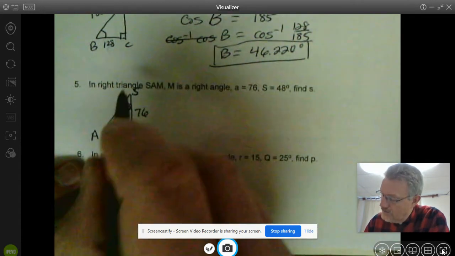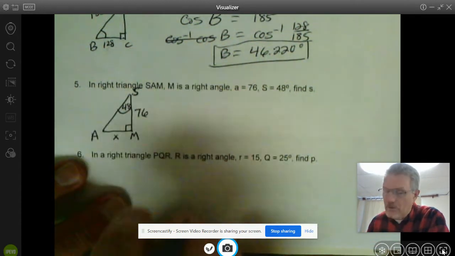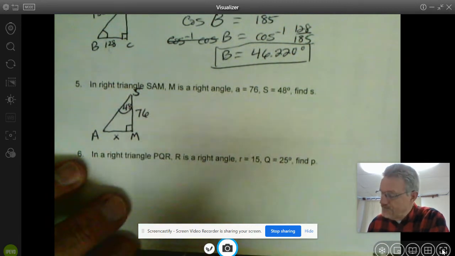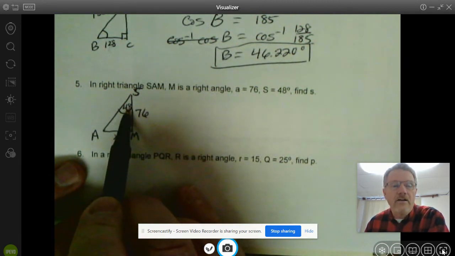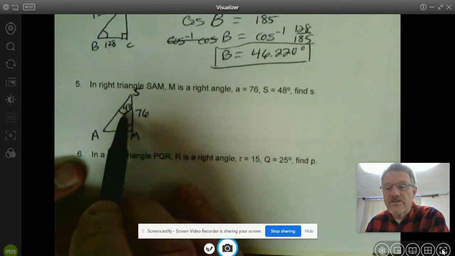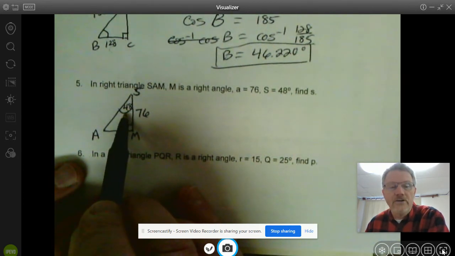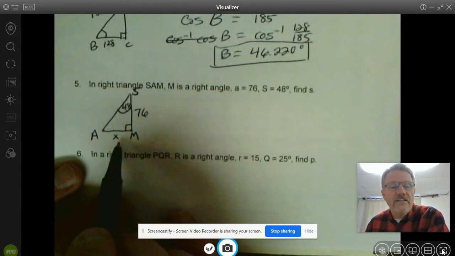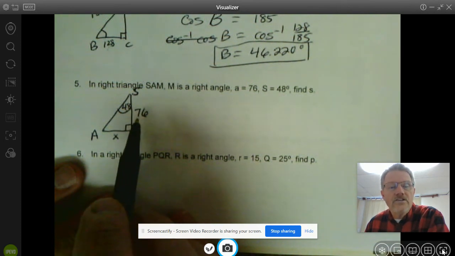Find S. Okay, so we're looking for the side across from angle S. All right, so now there's my angle I'm looking at. That determines what's adjacent, what's opposite, what's hypotenuse. Well, hypotenuse is across from the right angle. But X is across from 48, so that's the opposite, right? 76 is next to 48, but not the hypotenuse, so that's adjacent.